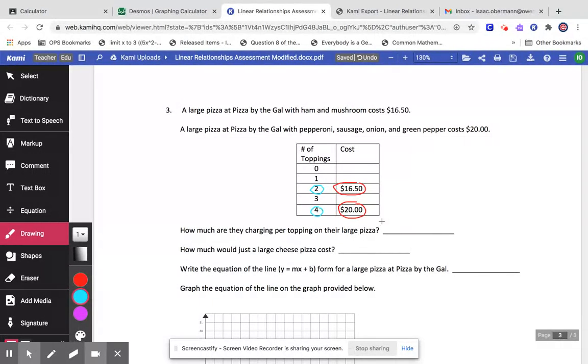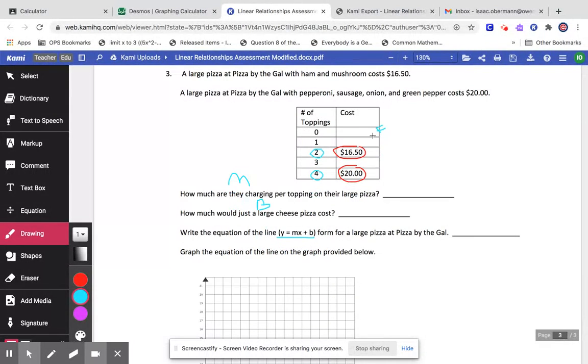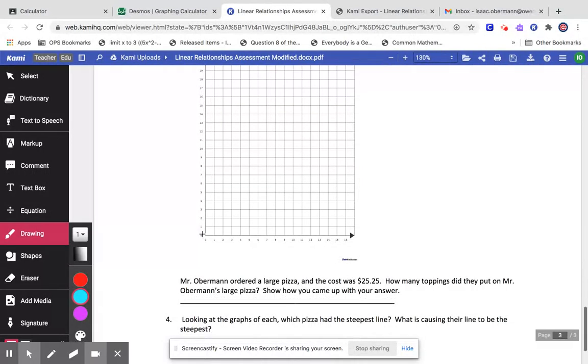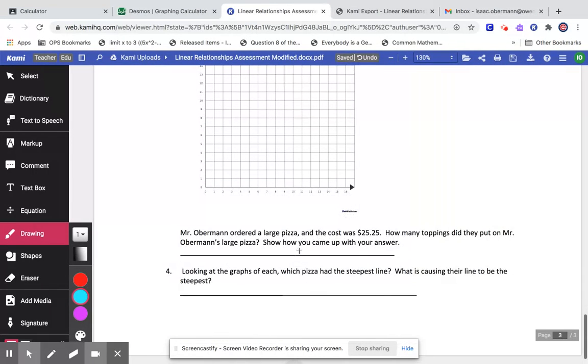Divide them out. It'll tell you your M. Use your M, your slope, your pattern to work your way back here. When you find here, that tells you the cheese, which is your B. Put it into your equation. Fill in the rest of the table. Graph it.